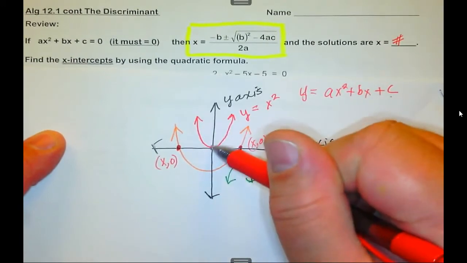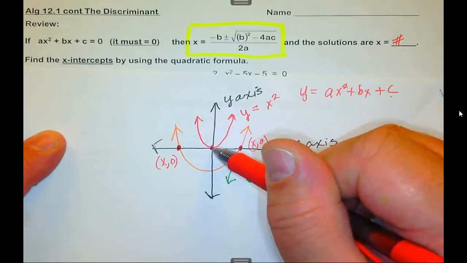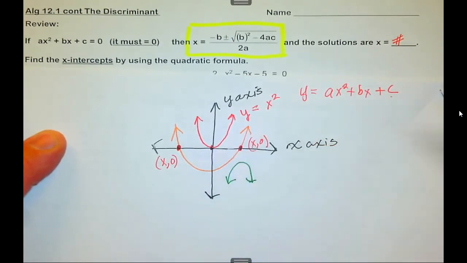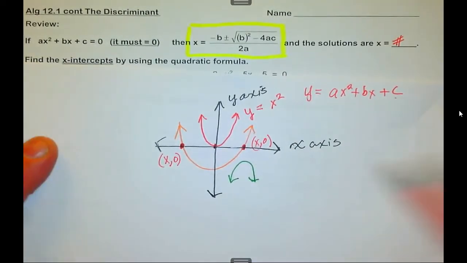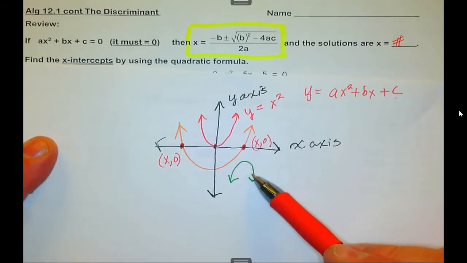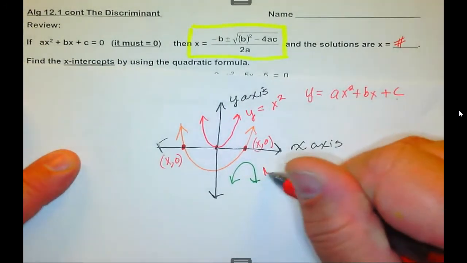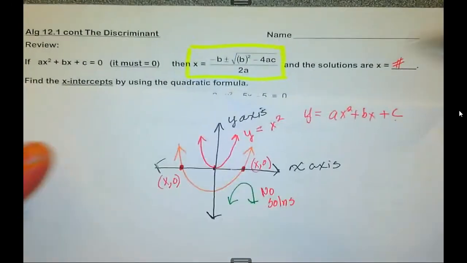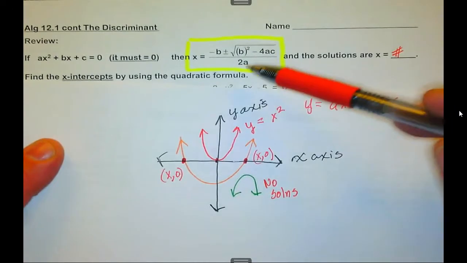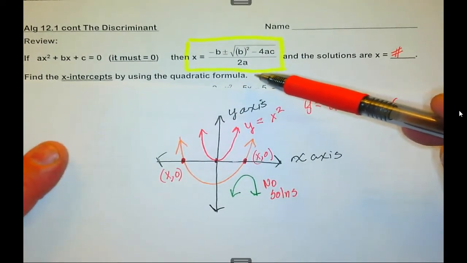This point happens to be not only the x-intercept or solution, it happens to be the vertex too, right? What about this one over here? How many solutions or zeros does this one have? None. No solutions.